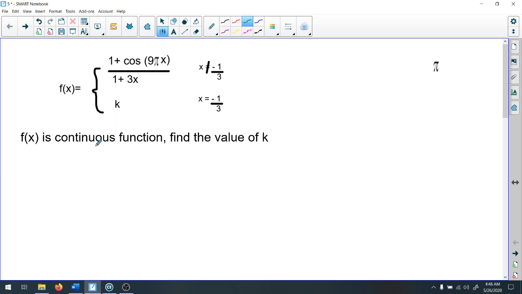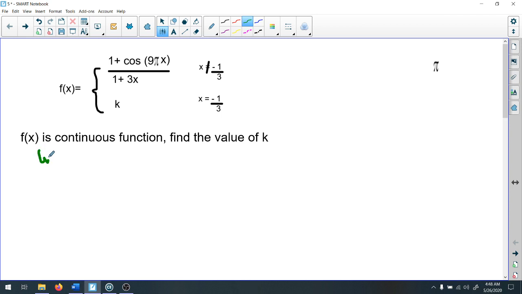In order to solve this question, we have that this function is continuous. That means the limit of piece 1 equals the limit of piece 2. So let's do that here.